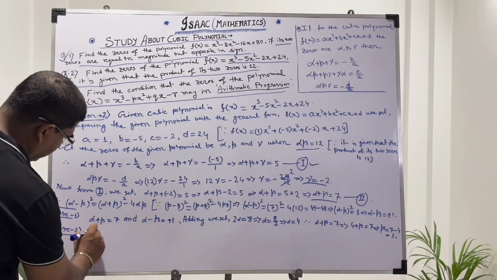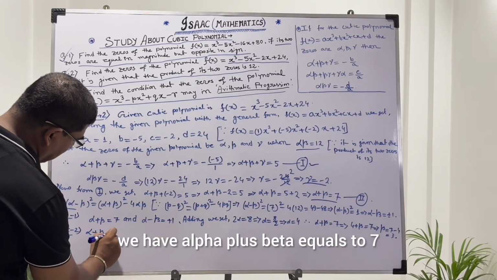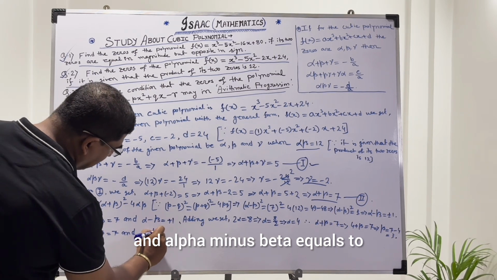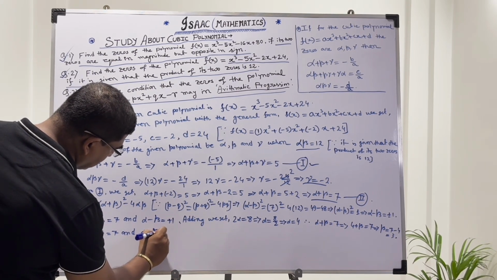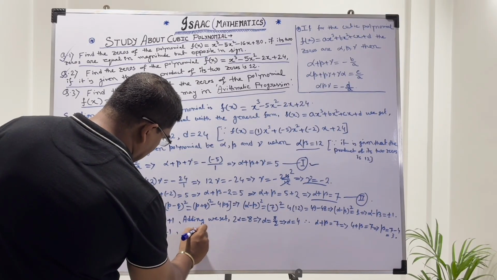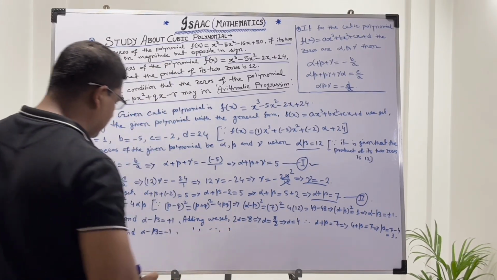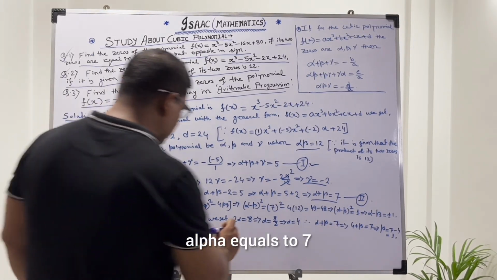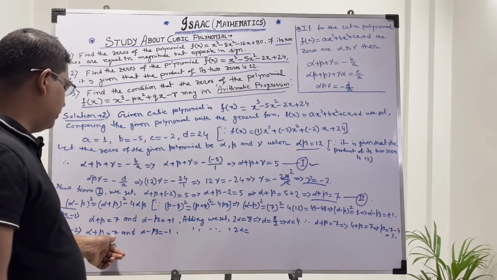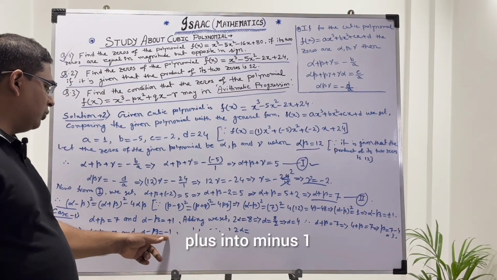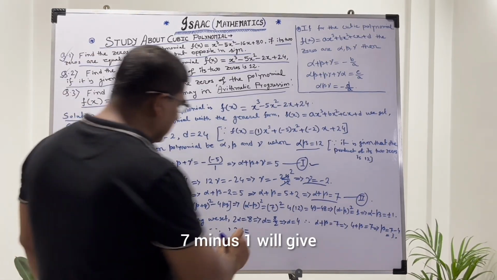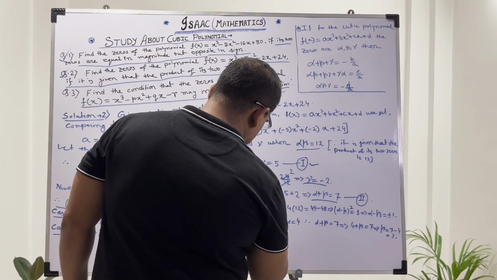In case 2 we have alpha plus beta equals 7 and alpha minus beta equals minus 1. Adding, we get 2 alpha equals 7 plus minus 1. This will give 7 minus 1, and 7 minus 1 will give 6.